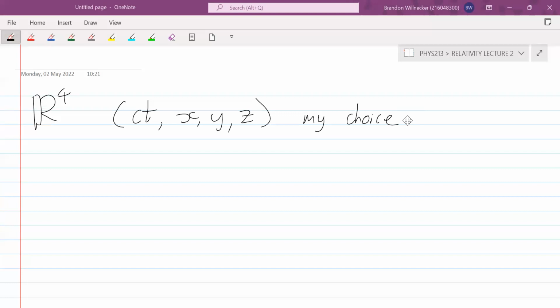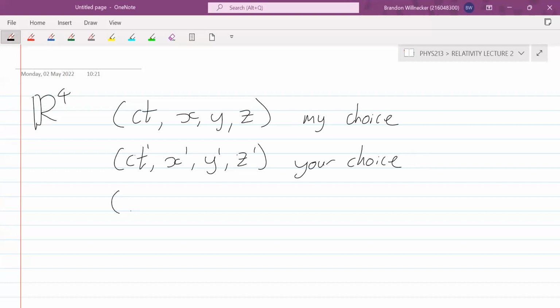That can be my choice. You could choose something else. You could have ct prime, x prime, y prime, z prime. That can be your choice. Maybe you also like Cartesian, but maybe you've got a shifted origin, for example. Maybe you want your origin to be where you're standing, or anywhere. You can pick whatever you like.